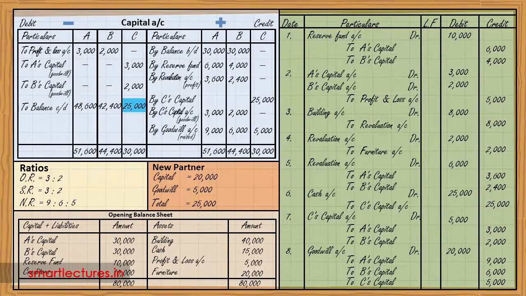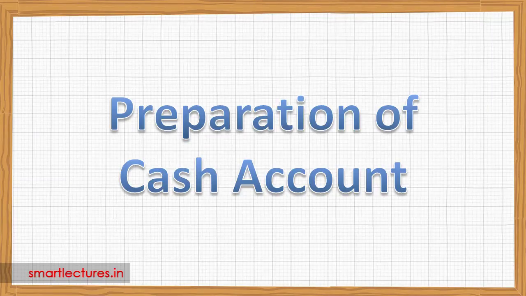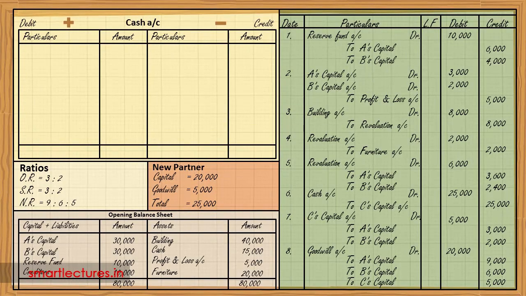And after completion of capital accounts, you have to prepare cash account. So prepare the cash account. On debit side, we write down opening balance and receipts, and on credit side, we write down payments and closing balance. So to balance BD means opening balance. This amount will be taken from the last balance sheet. In the last balance sheet, the cash balance on asset side was rupees 15,000.